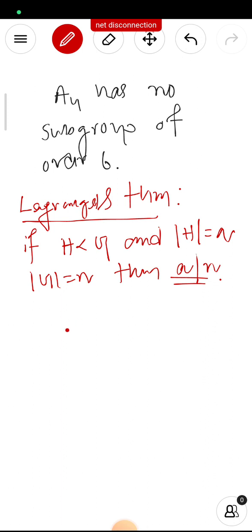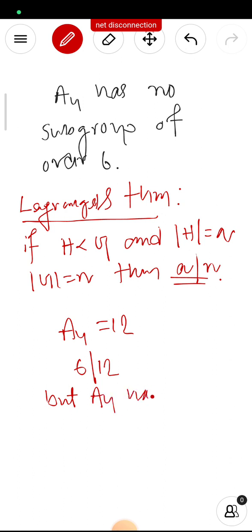So see here. Our previous example A4, the order of A4 equals 12. We know that 6 divides 12, obviously, but does A4 have any subgroup of order 6? The answer is no. A4 has no subgroup of order 6.